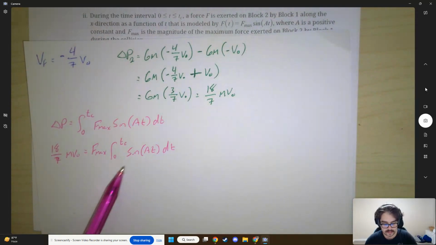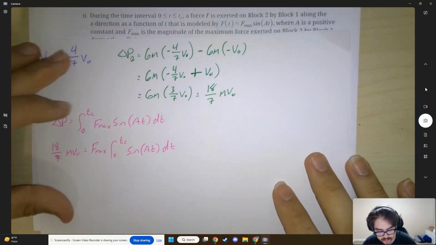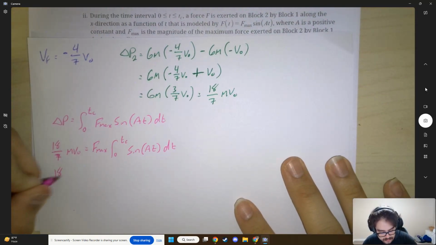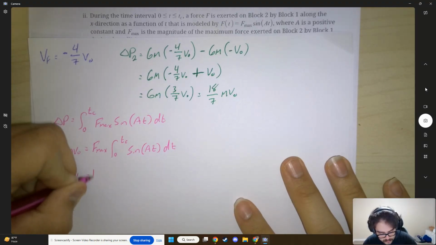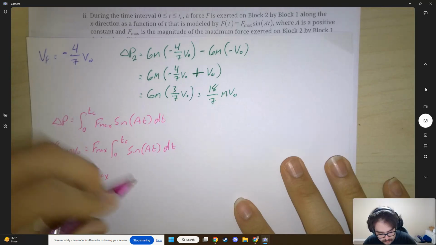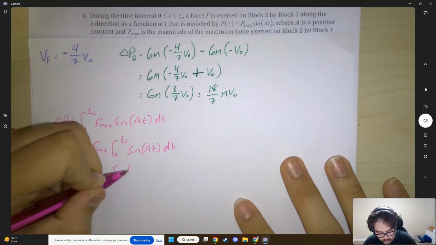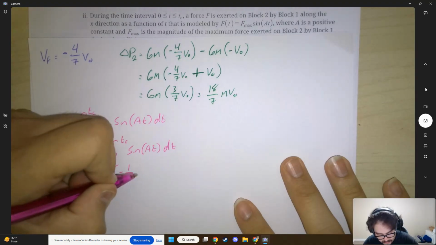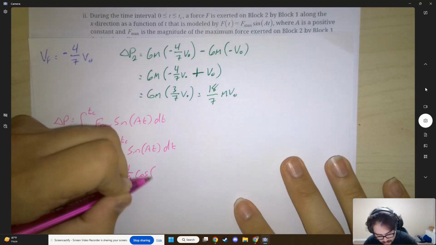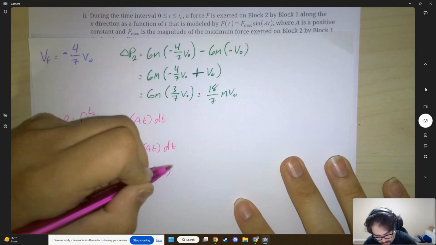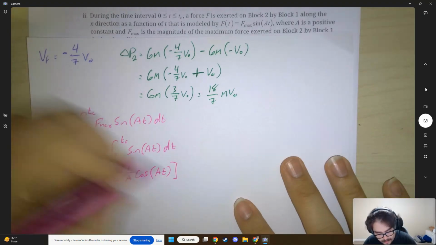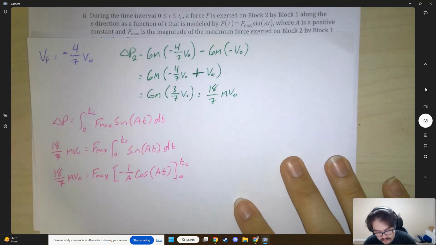So this is going to end up looking like 18 over 7 mv naught equals F max. This is the part that was integrated. That's going to be negative 1 over capital A times cosine AT. Okay, and that has to go from 0 to t sub c.